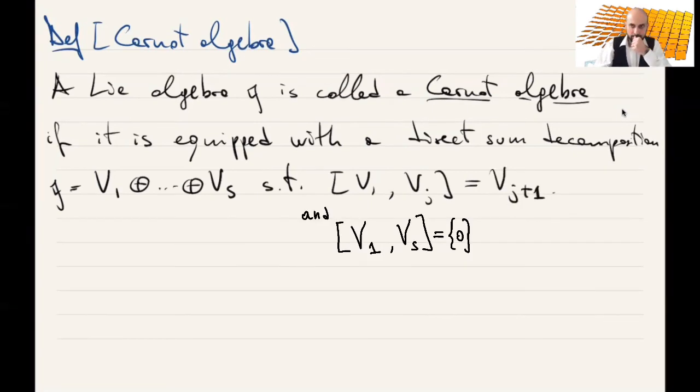Where with j equal to s, it means that Vs commutes with V1.